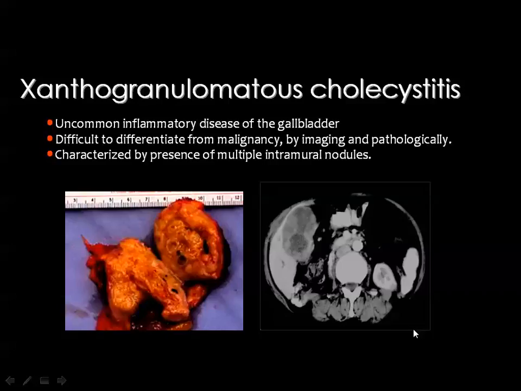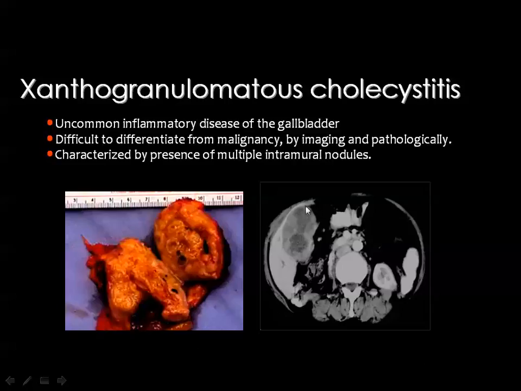And xanthogranulomatous cholecystitis is an uncommon inflammatory disease, and you can see that the gallbladder is distended, the wall is markedly thickened, and what's important is the presence of multiple mural nodules. And of course, this closely resembles gallbladder carcinoma, and it is well known that this entity of inflammation is difficult to differentiate from malignancy by imaging and even by pathology.